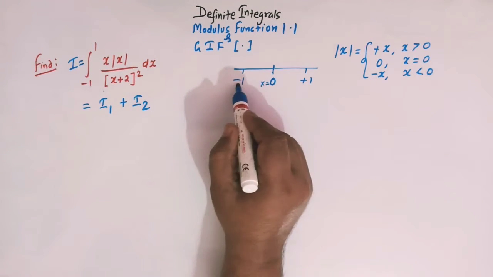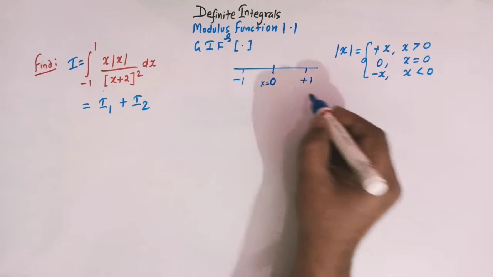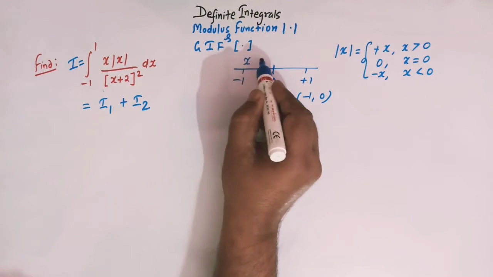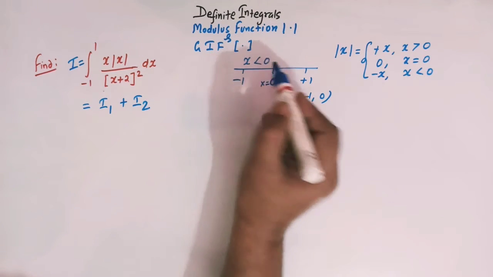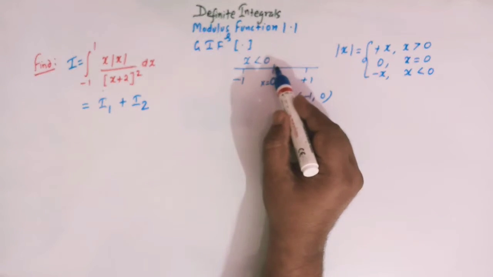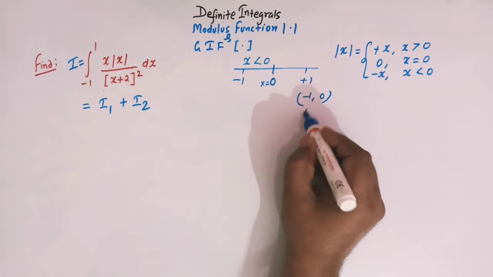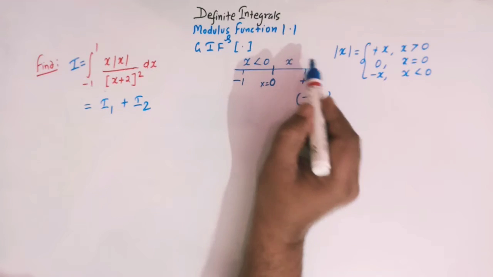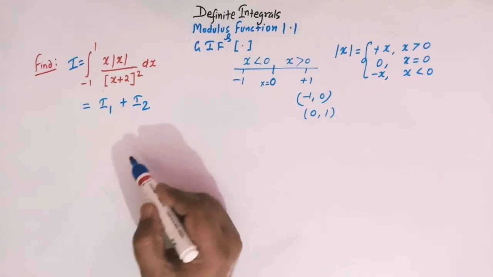So when we take this interval, that is -1 to 0, then x is obviously less than 0, right? And when we take this interval, that is from 0 to 1, then all the values of x are greater than 0, right?